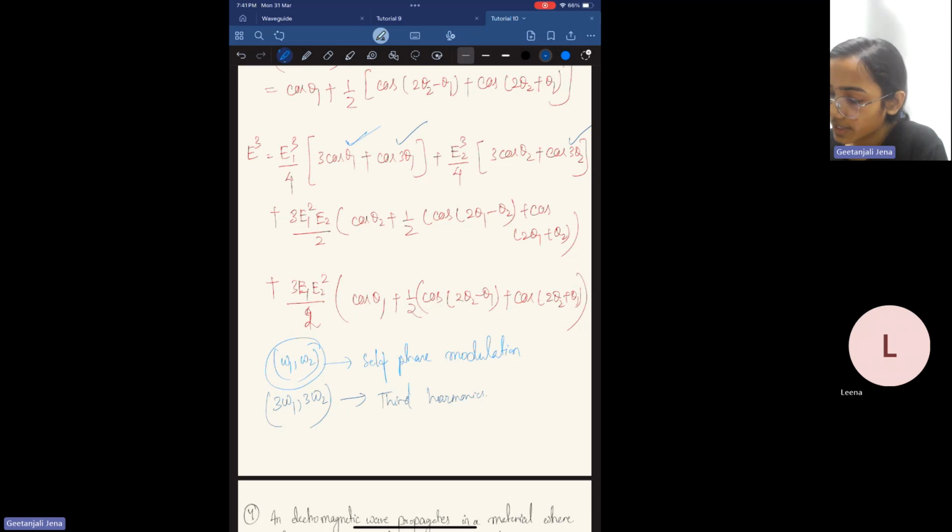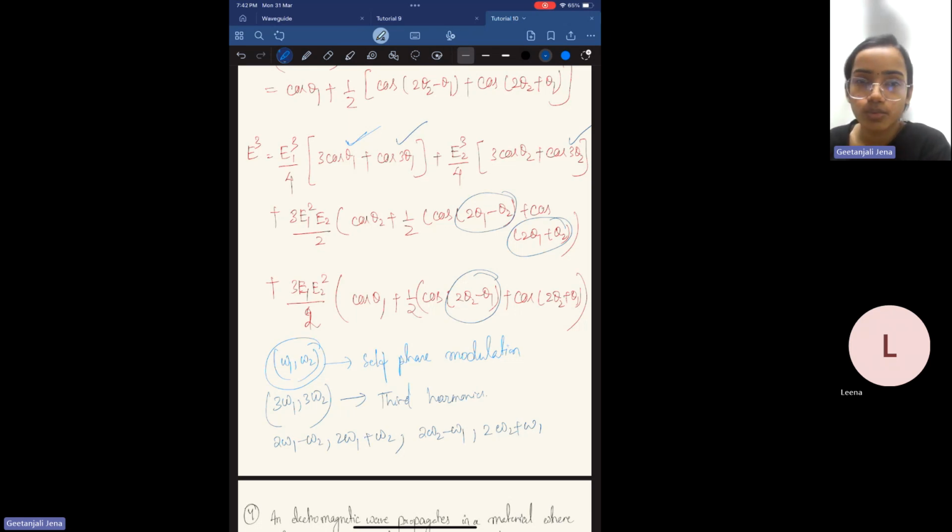And other terms that we have are 2 theta 1 minus theta 2 and 2 theta 1 plus theta 2, which is 2 omega 1 minus omega 2, or 2 omega 1 plus omega 2. There is 2 theta 2 minus theta 1, which is 2 omega 2 minus omega 1, and 2 omega 2 plus omega 1. So these are mixing terms. This is also known as four-wave mixing. So these are the four-wave mixing terms.